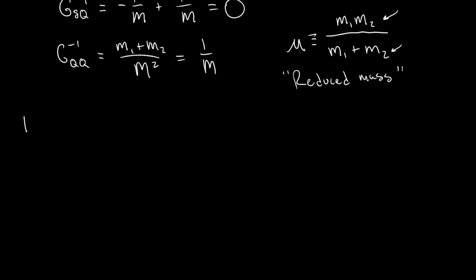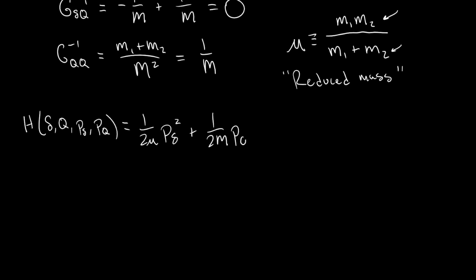So writing our Hamiltonian in this form, in terms of delta, q, p sub delta, p sub q, we get something like 1 over 2 mu p delta squared plus 1 over 2 m p sub q squared plus our potential energy, minus m g q sine theta.